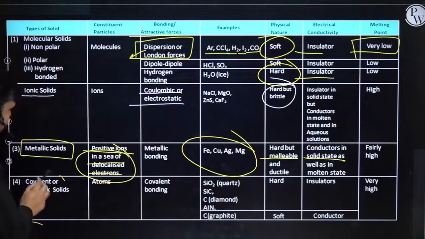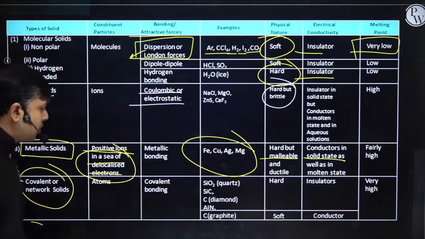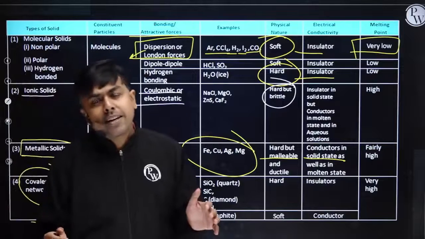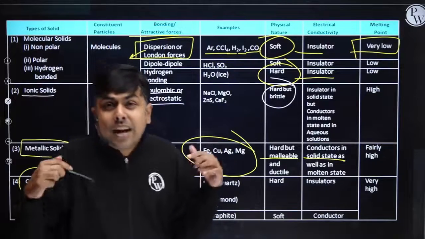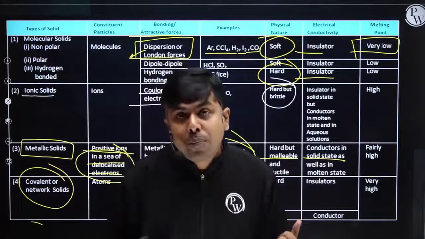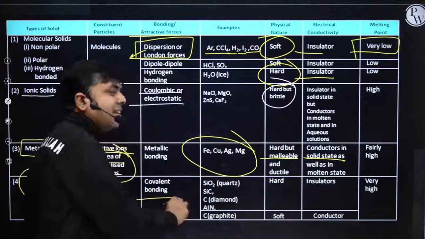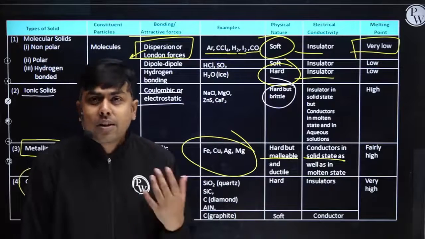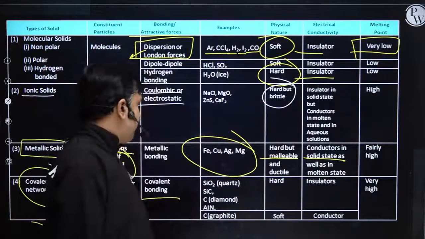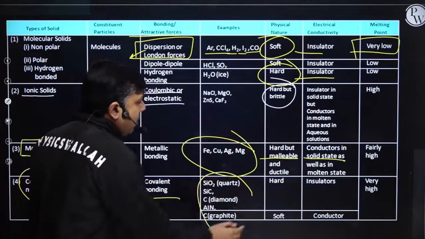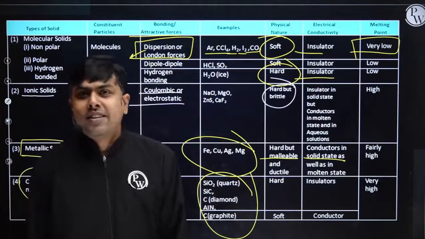Okay. Next one, covalent solids or network solids. Here the constituent particles are atoms. The force of attraction which is operating here is chemical covalent bond, covalent bonding. Example, SiO2, quartz, diamond, graphite, all these are examples of network solids, right?